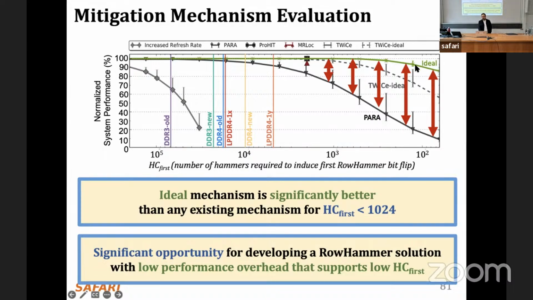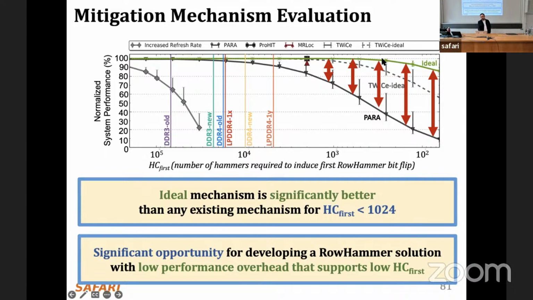And we have a curve here that is called ideal. Ideal is a hypothetical mechanism that does not exist. It essentially detects the RowHammer attacks with 100% accuracy, and it performs refresh operations on the potential victim rows only when needed.